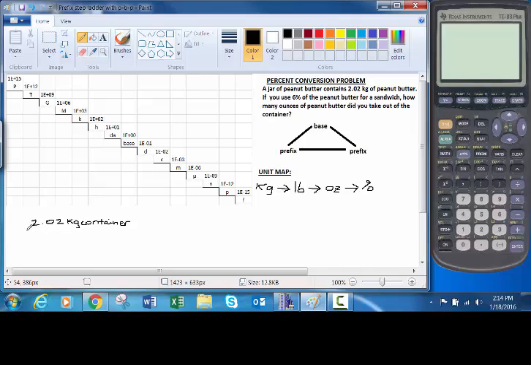Even if we don't know anything else, we know that if we have the unit kilogram on top, then we have to include kilogram on the bottom.